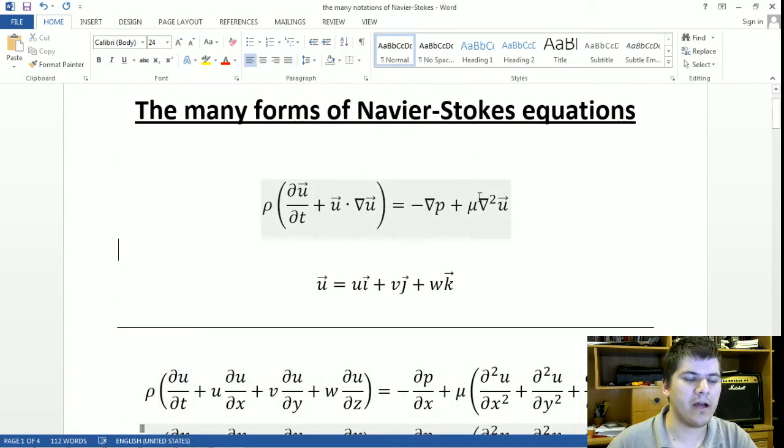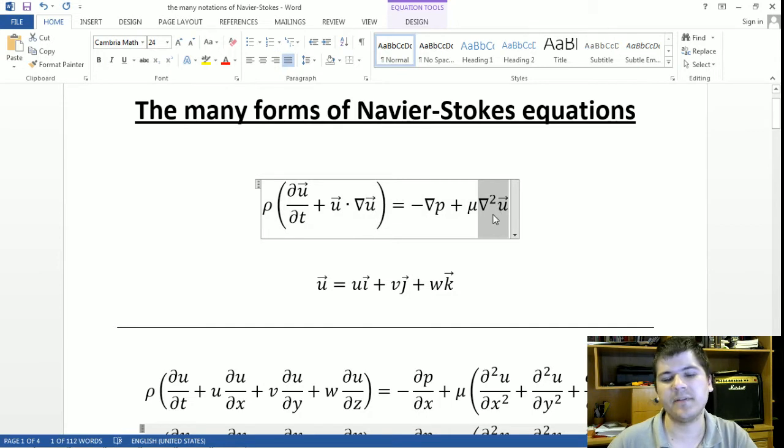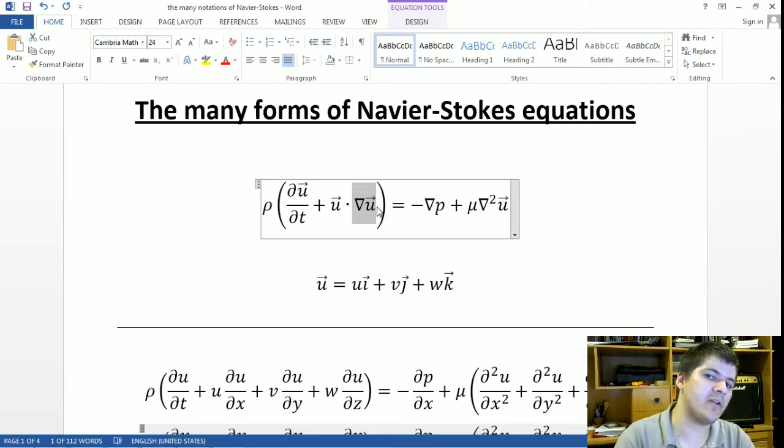Also, I expanded the Laplacian term, okay, which is given by the nabla operator squared, and the gradient of U. Well, if you take the gradient of a scalar variable, you obtain a vector field. But if you take the gradient of a vector field, you obtain a tensor.